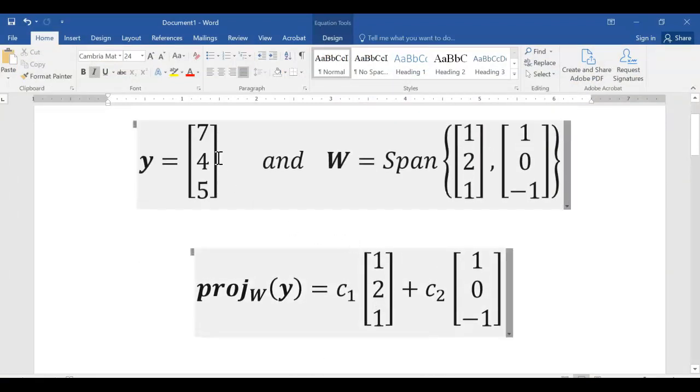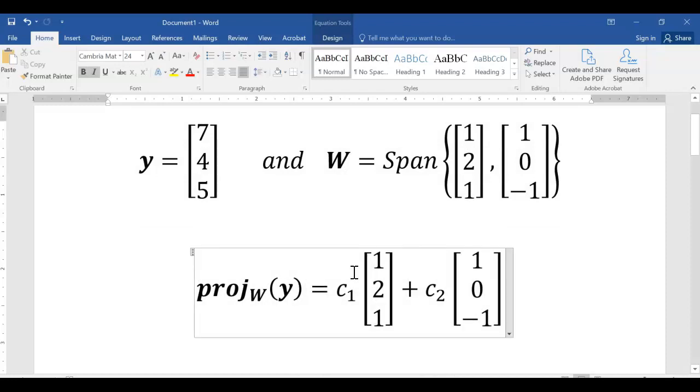Now when we project 7, 4, 5 onto W, we're going to see what linear combination of elements from W can get me essentially as close as I can to 7, 4, 5.